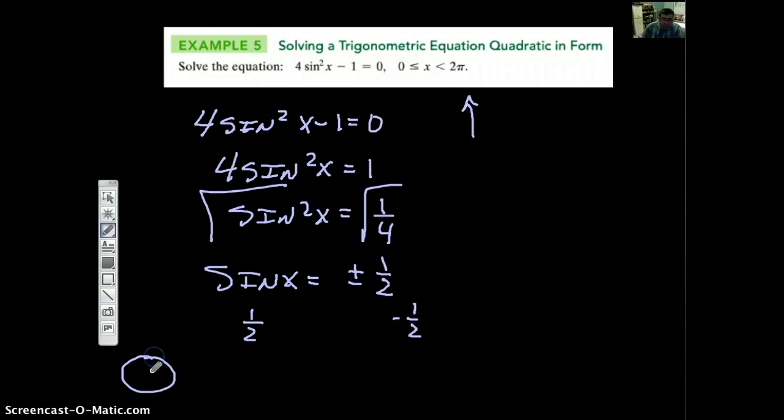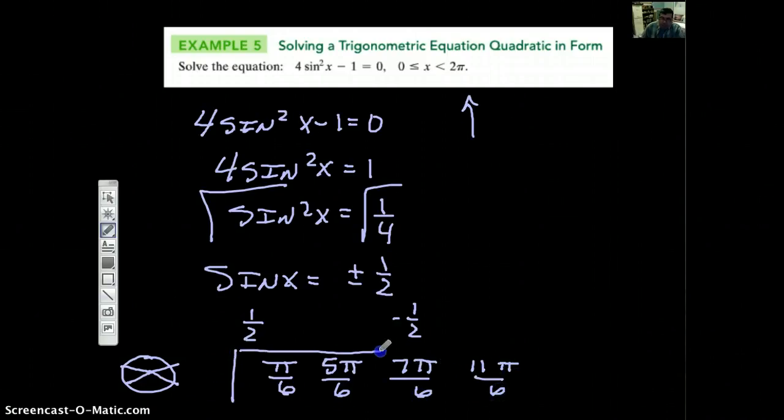It's 1/2 here and here, and negative 1/2 here and here. Those locations are pi over 6, 5 pi over 6. The negative ones are 7 pi over 6 and 11 pi over 6. So this set of values are all the answers to that problem. I hope that helped you.